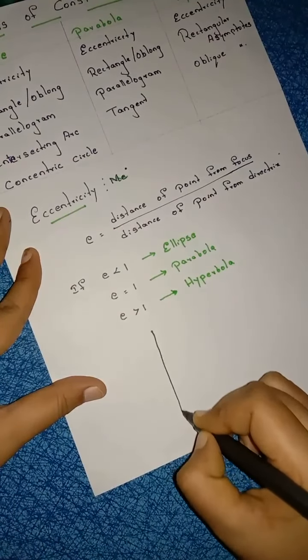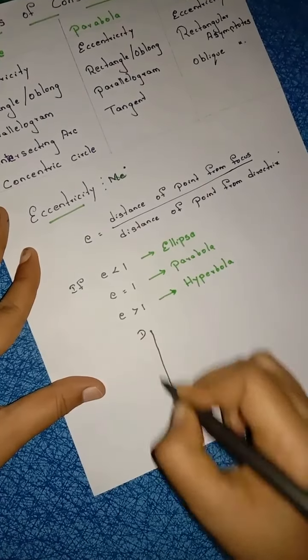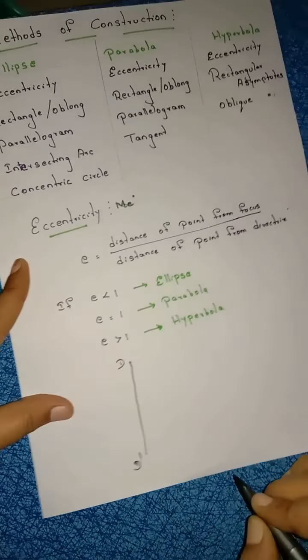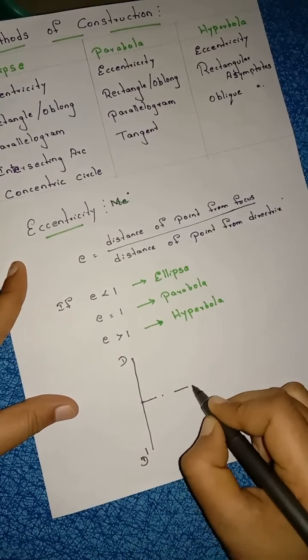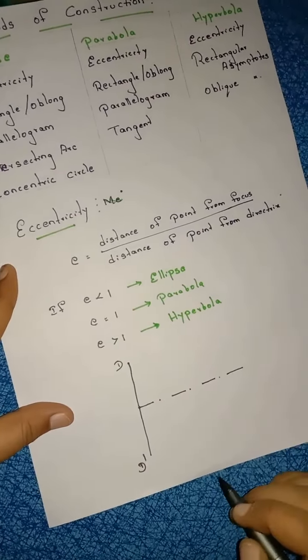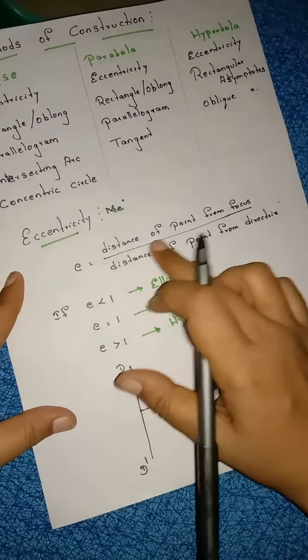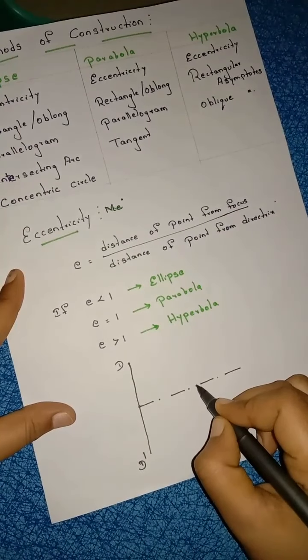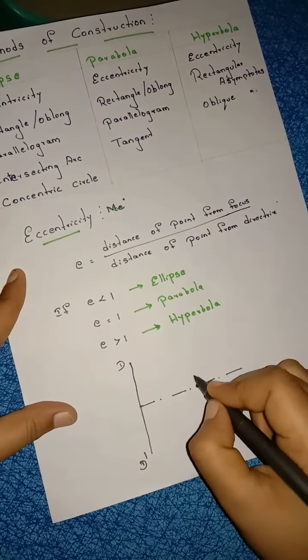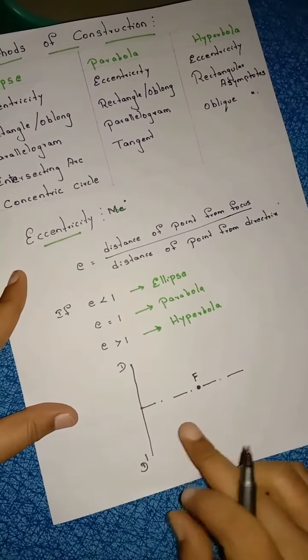This is the directrix line, I am indicating it with D dash. I am marking the midpoint here and I am drawing the axis line. The distance of point from focus: a point on the axis line is nothing but the focus.